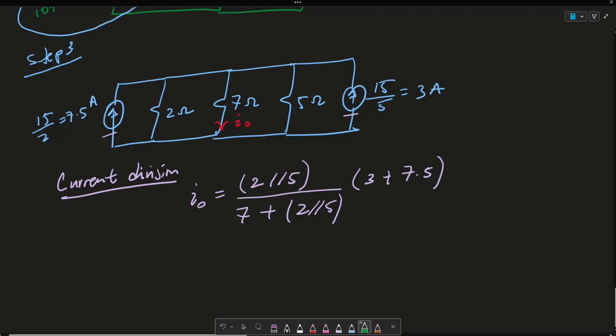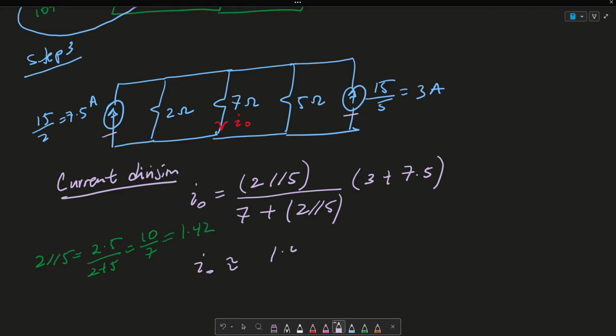Just to be explicit, 2 in parallel with 5 is simply 2 times 5 over 2 plus 5, or 10 over 7, which is around 1.42. So then we say that IO is around 1.42 over 7 plus 1.42 times 10.5, which is approximately 1.78 amps.